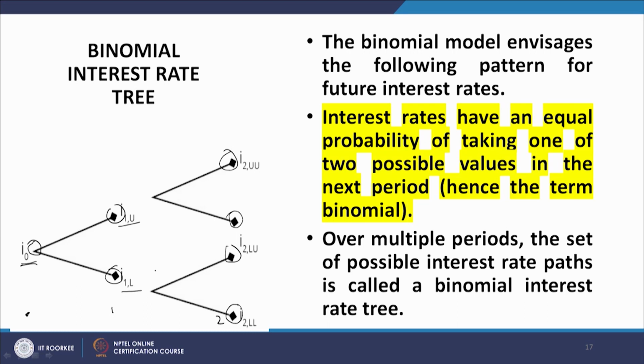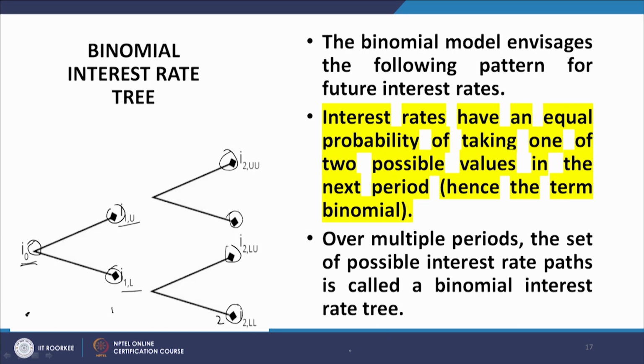So, we will work with the simplest tree where at t equal to 1 year, the forward rate that we believe to exist when we are sitting at t equal to 0 could take either the upper value, that is I 1 u, where 1 represents that it is the rate that will start at t equal to 1, or I 1 l, which represents the lower value that the forward rate could take.